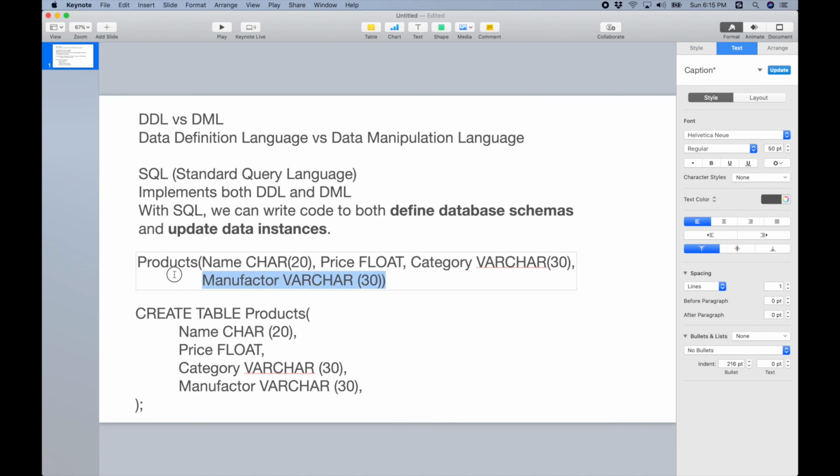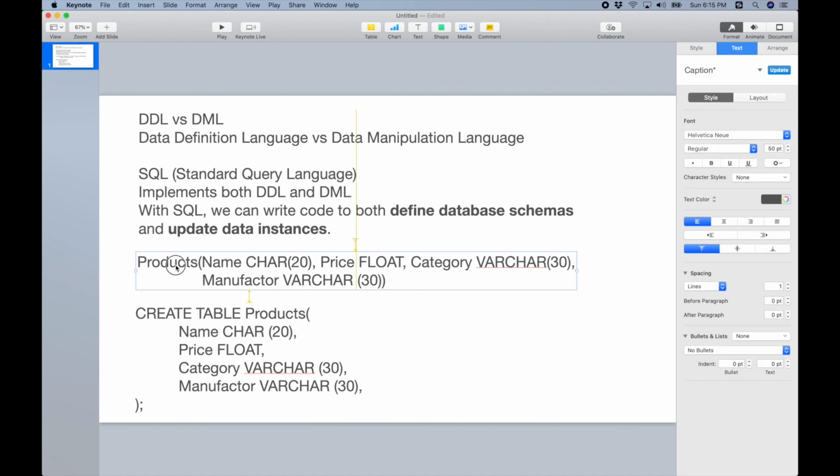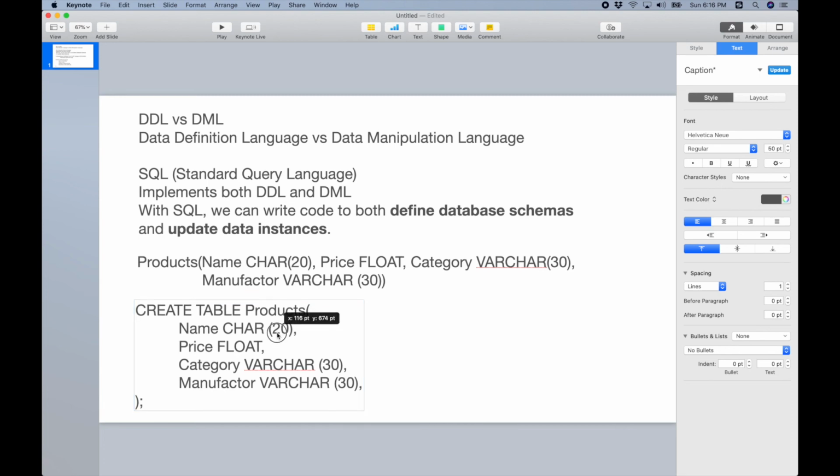So we're declaring one relation like this. However, once we are working on a database system with SQL, we can declare this relation as a table instead. We can do so by creating a table, product. This is the product name, the relation name, followed by a bunch of attributes. So these two are equivalent. This one is in the relations, and this one is in the SQL code. It declares one schema for the relation as a table inside our database systems.